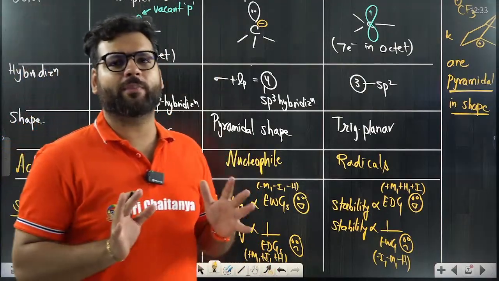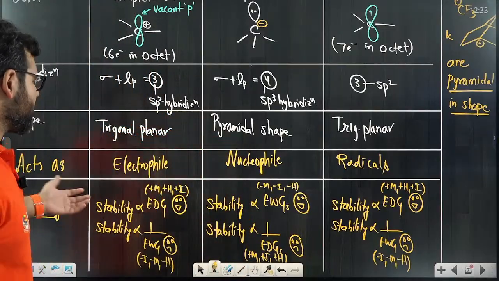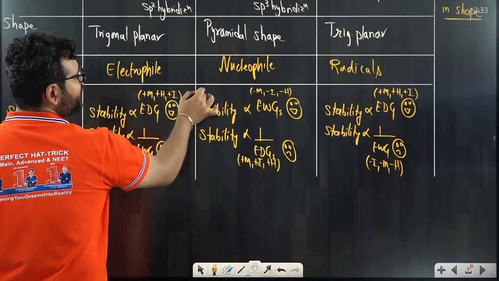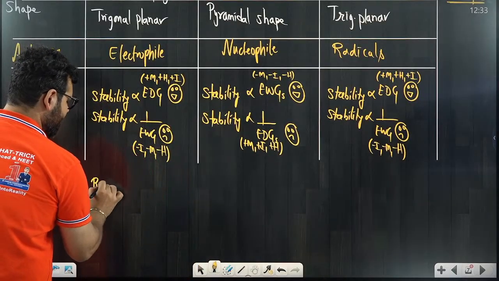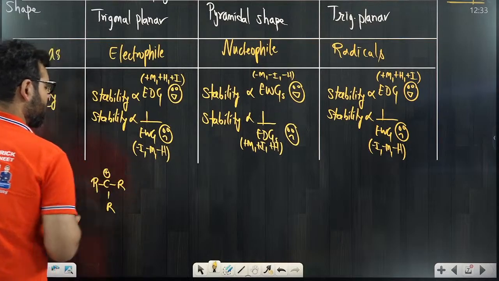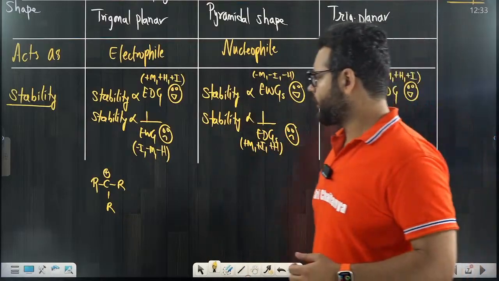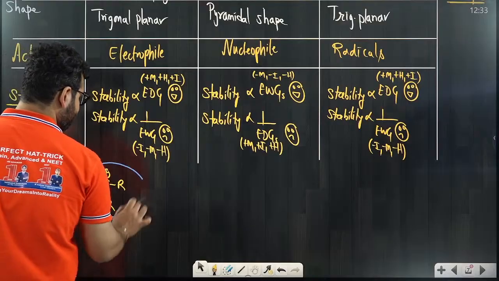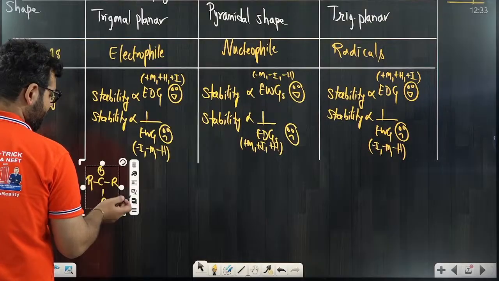The best example of electron donating groups are alkyl groups. Alkyl groups, all of you know, are plus I. So more alkyl groups attached to a carbocation are good. That's why a tertiary carbocation is a much better carbocation than a primary one. A tertiary carbocation is a carbon attached to alkyl groups on three sides. When it is attached to electron donating groups on 3 sides, it is very, very happy.